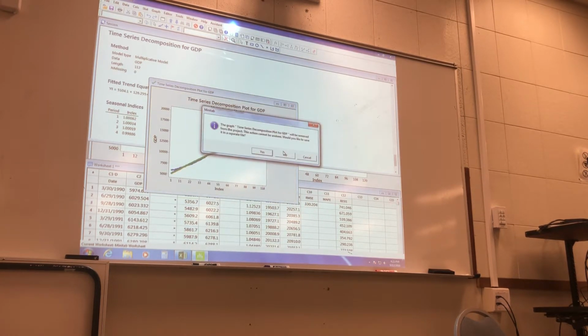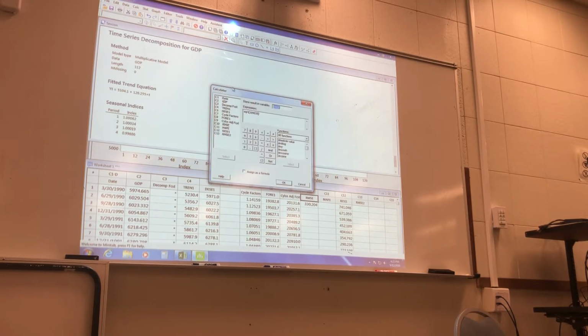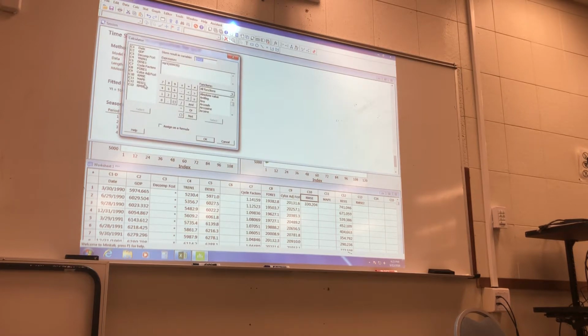And I got residuals. You see this baby sitting over here? See the residuals? Now what I can do is calculate RMSE from the residuals. It's residuals squared.